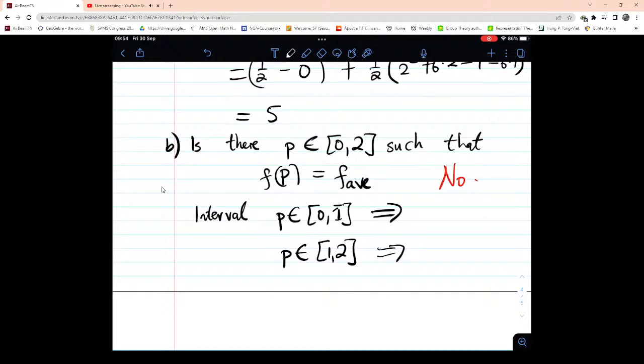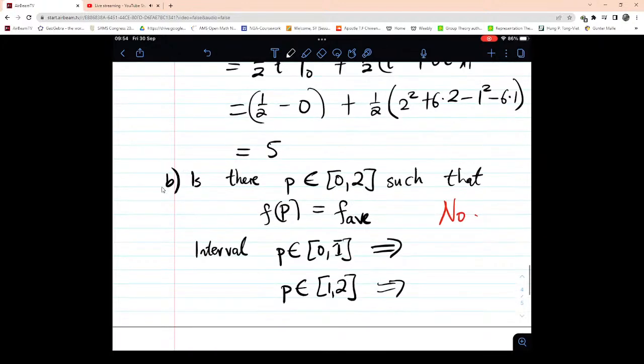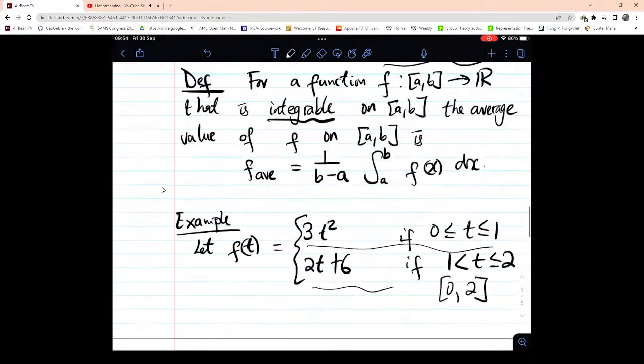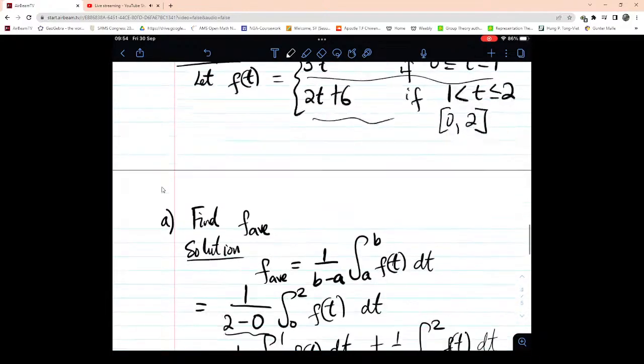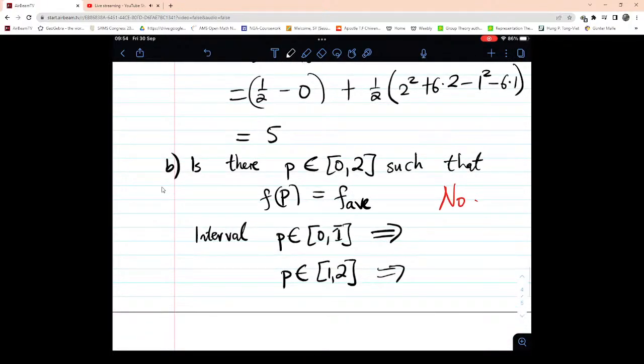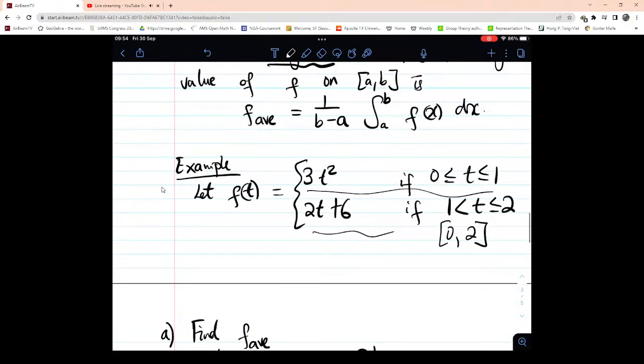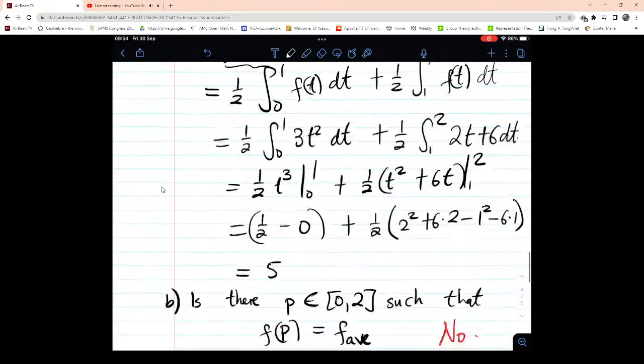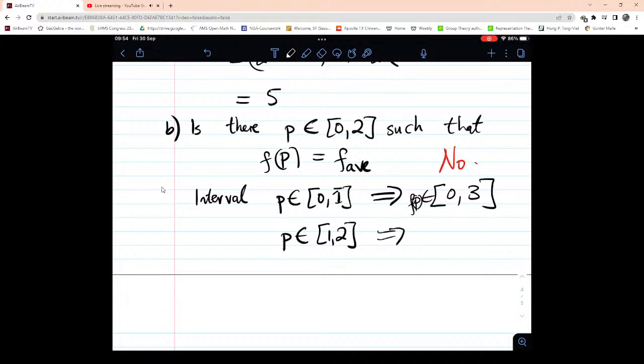So if p is from 0 to 1, then if you put 0 there and 1, you will see that f of p is going to be between 0 and 3, right? Just put in the values from 0 to 1, and we can see that this function is increasing, so there's no problem there. So it's from 0 to 3.